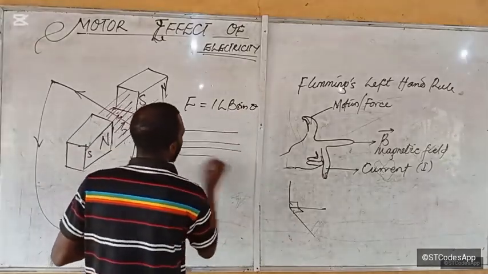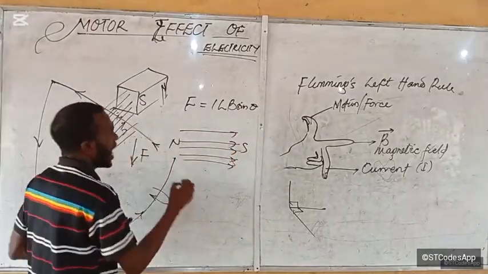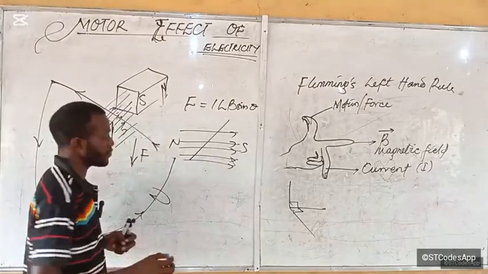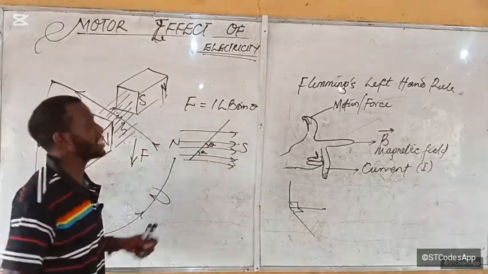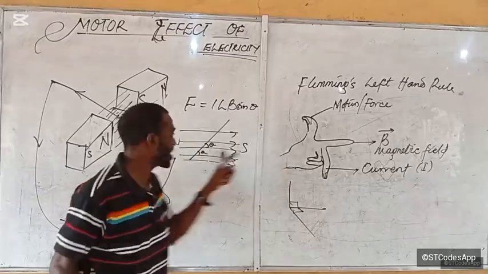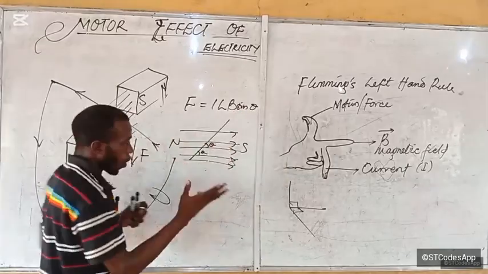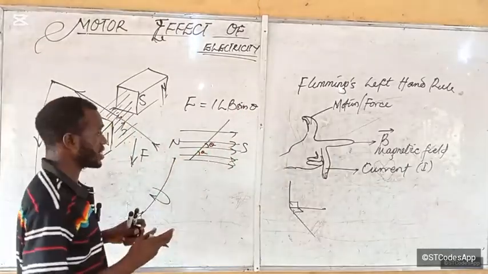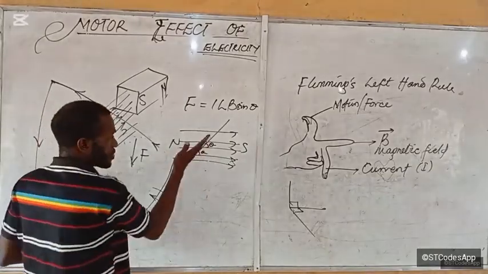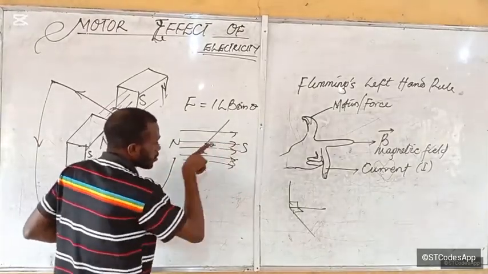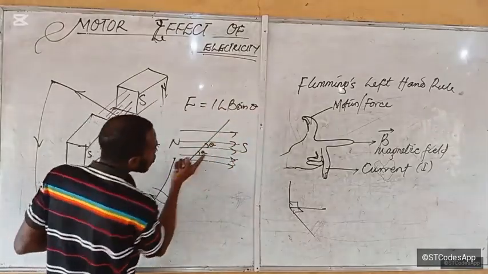If my magnetic field was going from north to south everywhere here, and my wire was placed like this in the magnetic field, there is an angle theta between the magnetic field lines and the current that is flowing. The current is going to flow along the length of the wire, right? So there is an angle between them here.